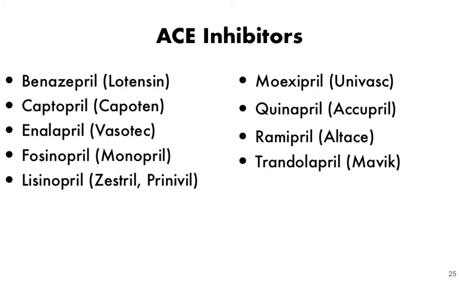Most of them are available in a generic form. They differ very little in the efficacy and safety profile. Most of them are once daily dosing, with the exception of captopril. And selection of one over the other may come down to patient experience with one or insurance coverage, affordability for the patient.